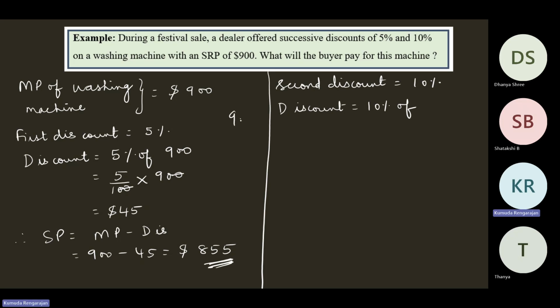First it was 900. He gave you a discount of 5% and reduced the price to 855. Now he's further giving you a 10% discount on 855 rupees. So 10% of 855 is 10 by 100 into 855, which is $85.5.